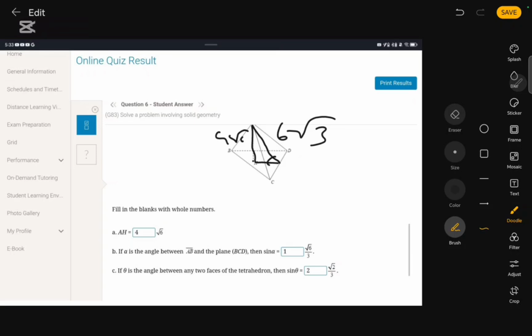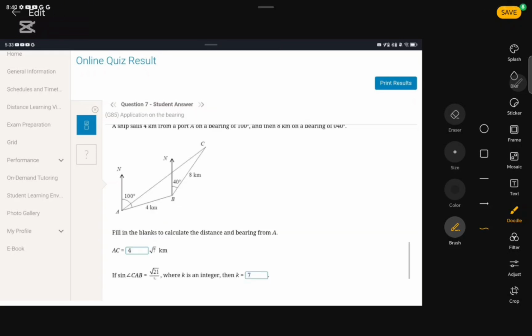Yeah, the whole altitude thingy. So now you do opposite over hypotenuse. You have 4 radical 6 over 6 radical 3 equals 2 radical 2 over 3. Let me make sure in the calculator. 4 radical 6 over 6 radical 3. Yep.